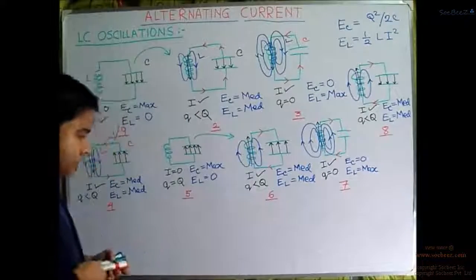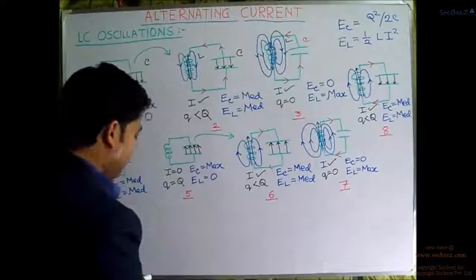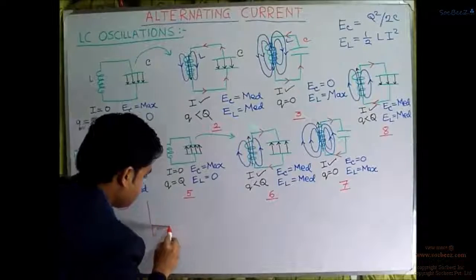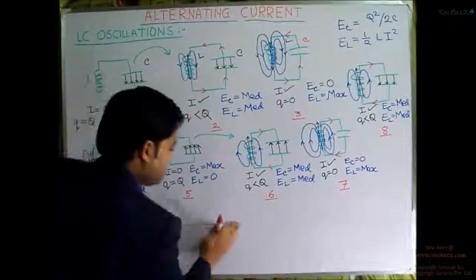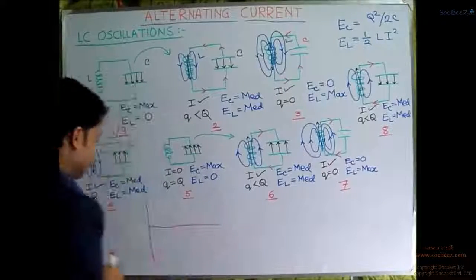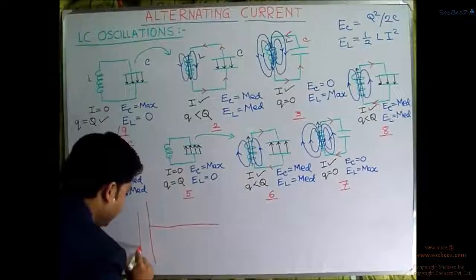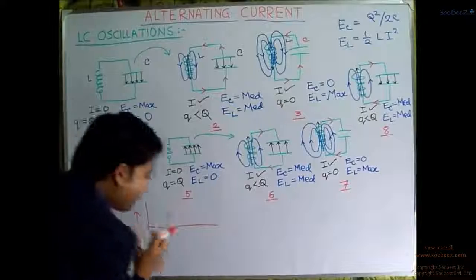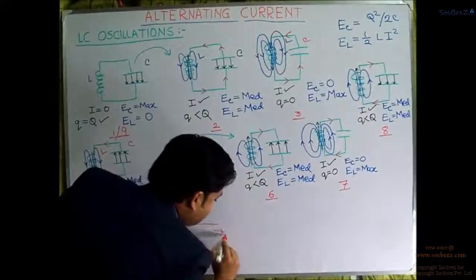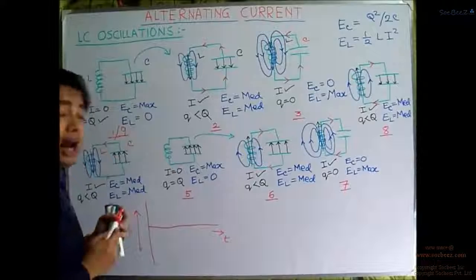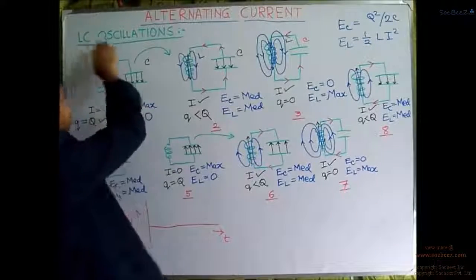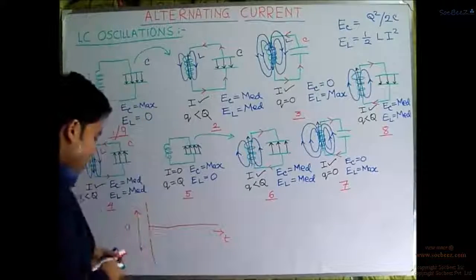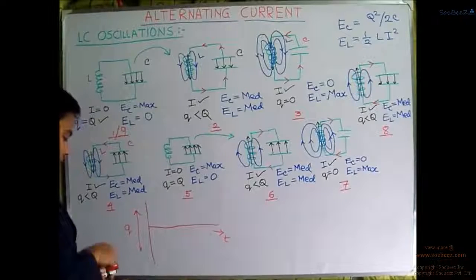So if we try to draw the graph, it shall be like this. Say, over here we take Q, and on this axis we take the time. In the ideal situation, when there is no resistance present in LC circuits, obviously we shall find the graph as such.